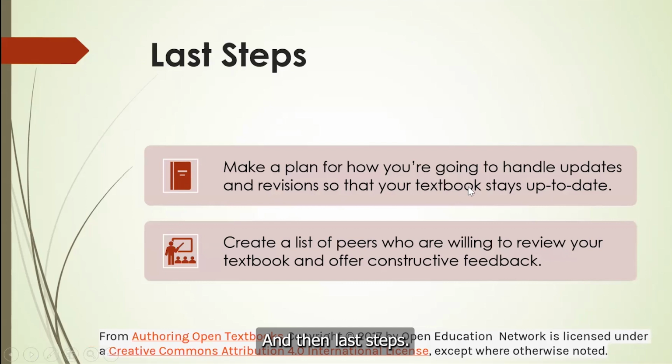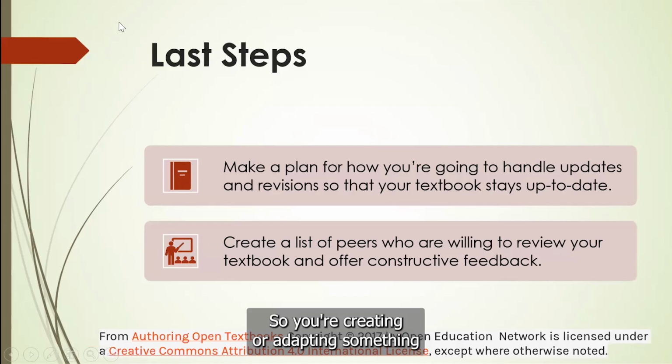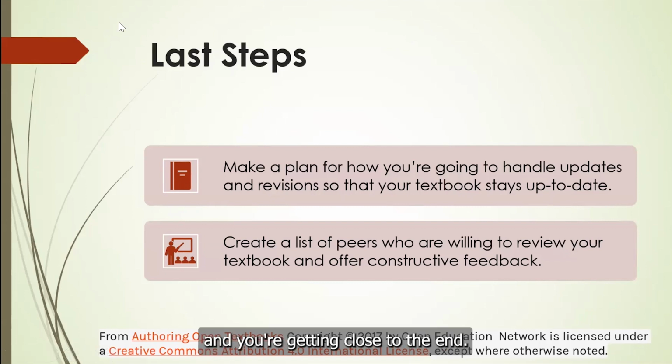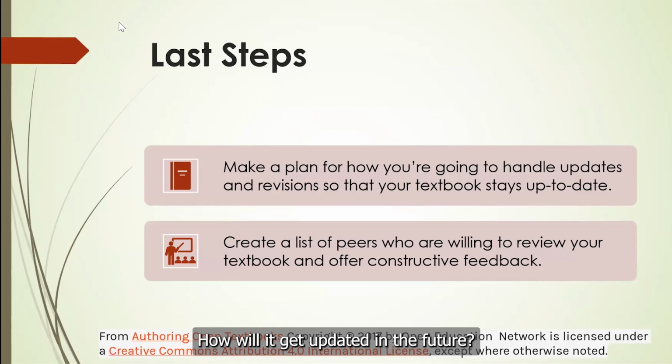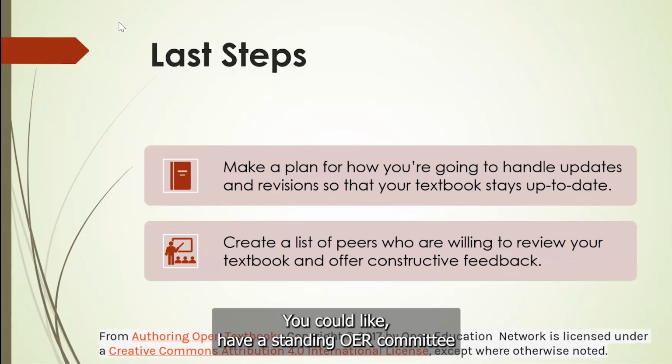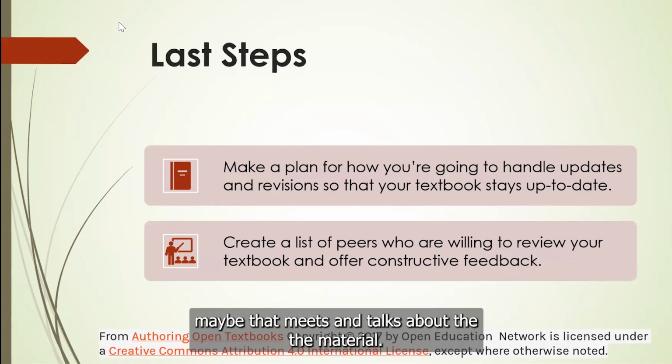And then last steps. So you're creating or adapting something and you're getting close to the end. You want to think about having some kind of a process for reviewing the book. How will it get updated in the future? You could have a standing OER committee maybe that meets and talks about the material.